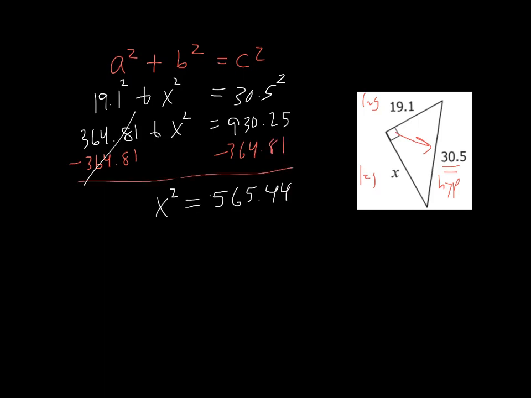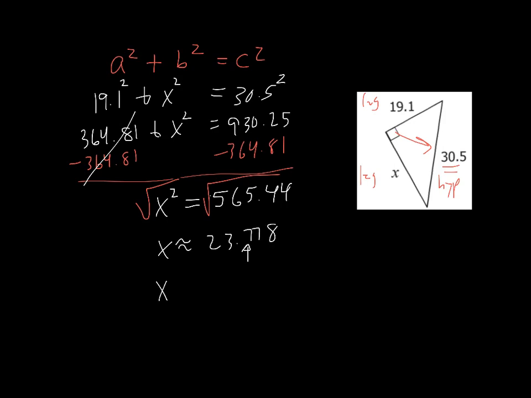And I get 565.44. Now I need to undo the square, so whatever I do to one side, I do to the other. The square root of x squared is x, and the square root of 565.44 is approximately 23.778.